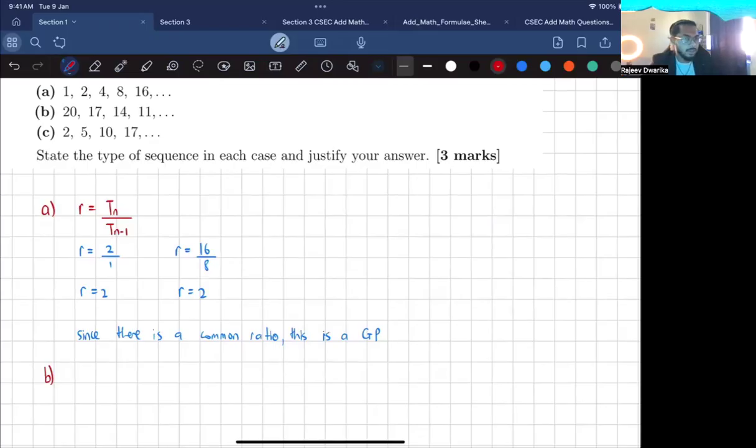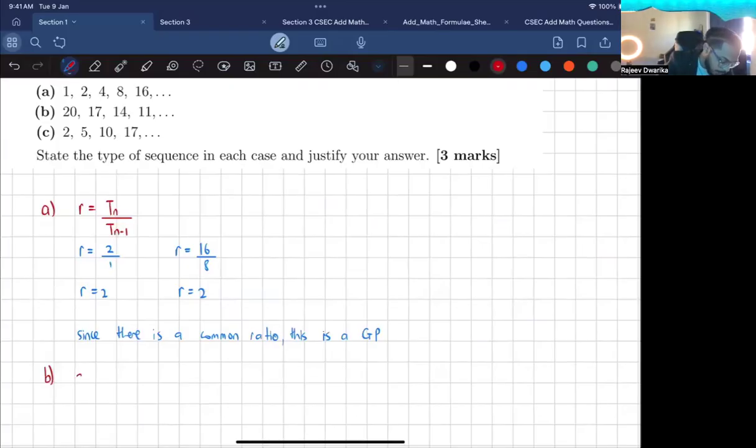Right. So we need to figure out if it has a common difference, right? So we see that the common difference is -3. Okay, so we need to prove that. Javon, you see in that question, is part B an AP? Yeah. Got it? Nice. So you add -3 to get the next term.